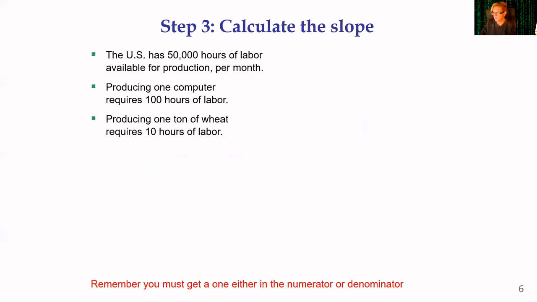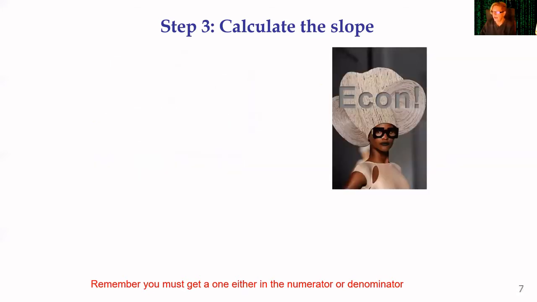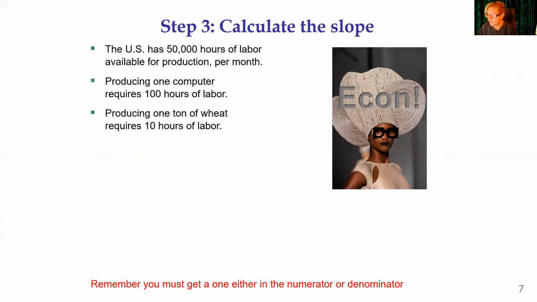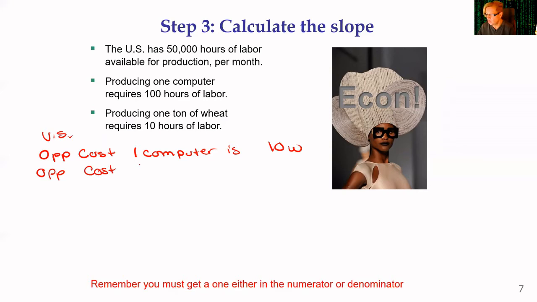Okay, so after I calculated the slope, I can put my little econ hat on, and I know that the opportunity cost for the US of 1 computer is 10 wheat, and the opportunity cost of 1 wheat is 1/10 of a computer.